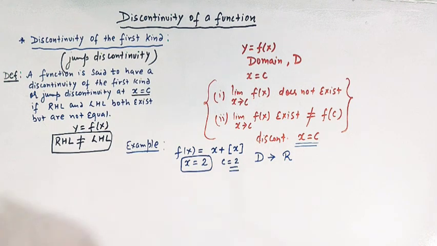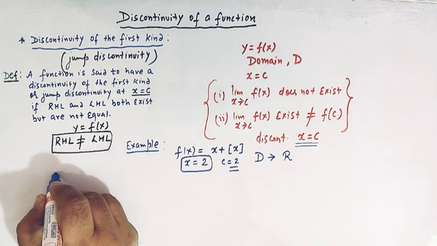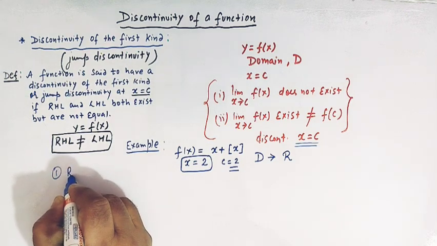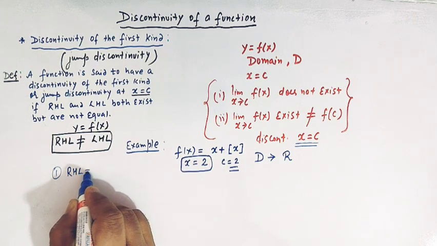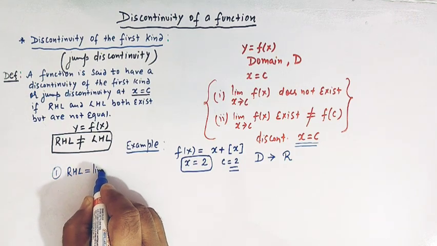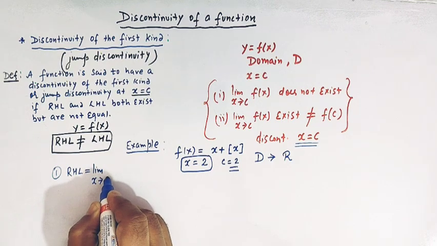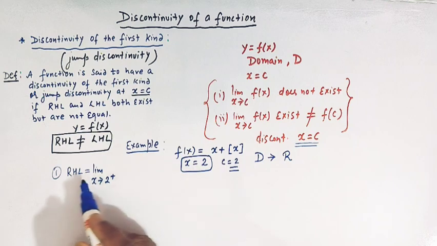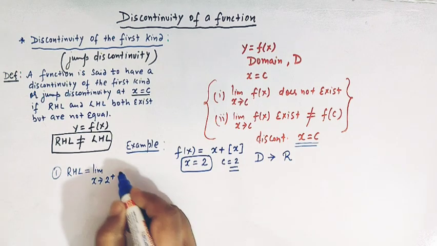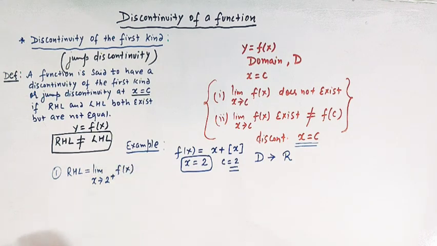For this, we'll first find the right hand limit of this function. The right hand limit is equal to limit x tends to 2 plus, where the positive sign shows that we are finding the right hand limit, of f of x.